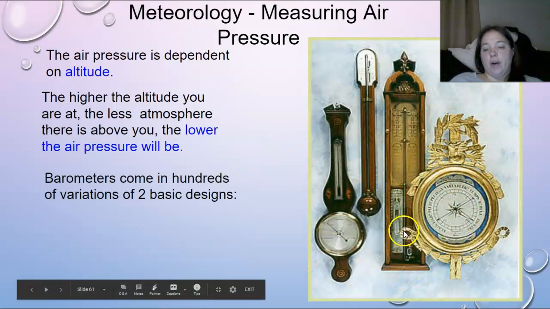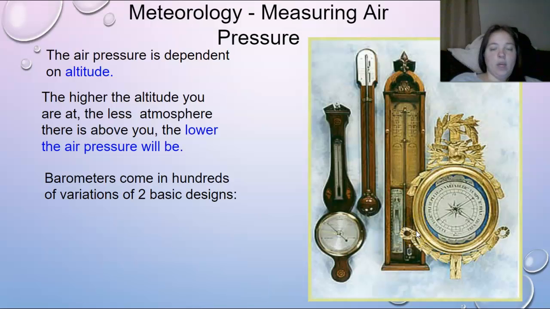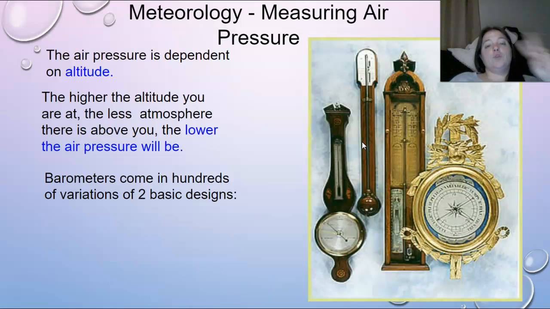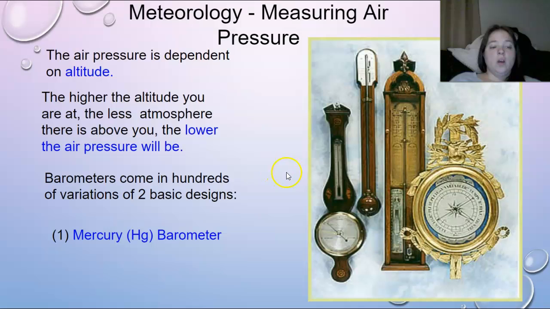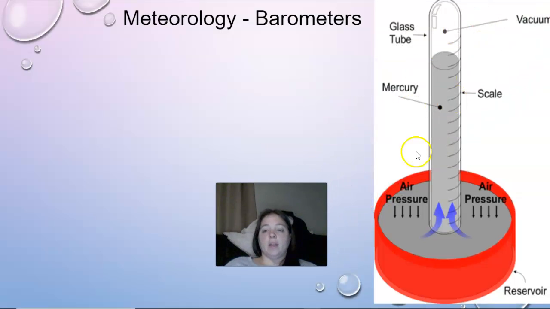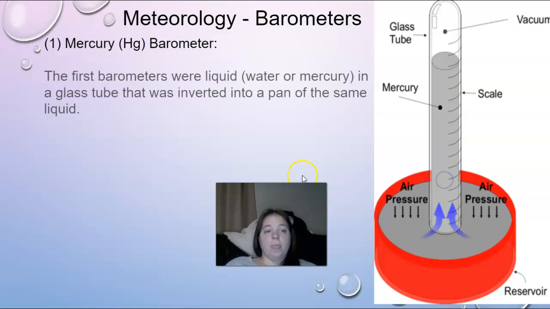So these things right here, we saw one way back at the beginning. They are barometers, and they come in hundreds of variations, but of two basic designs. You've got the mercury or Hg barometer or an aneroid barometer. So right here, we're looking at an Hg barometer.